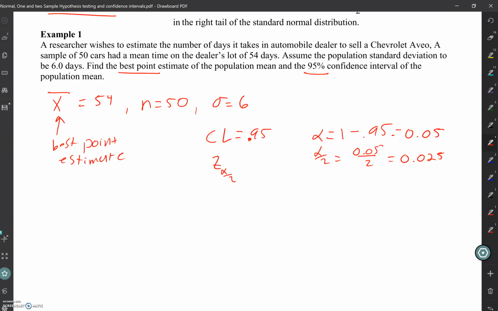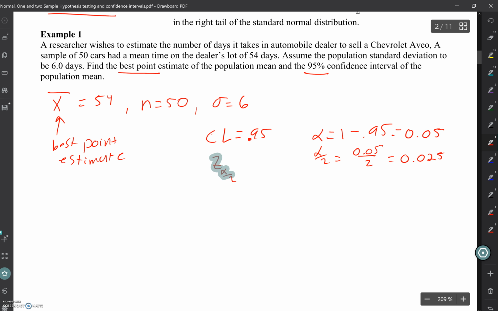All right, how did we find critical values the last couple chapters? We used inverse norm, or you could use your table. So I'm going to move this just so I get some room. Our Z alpha divided by 2 is inverse norm. And what value should we put in there? 0.025. All right.